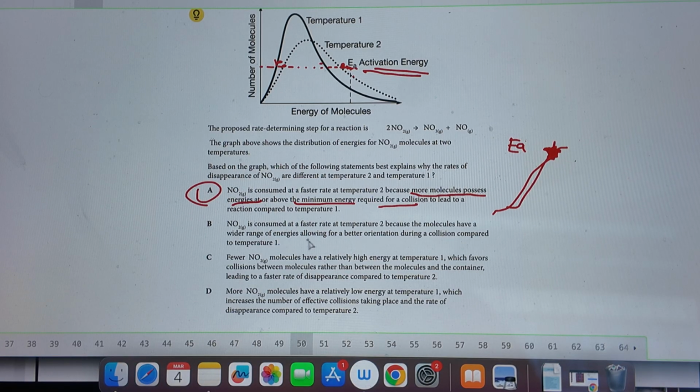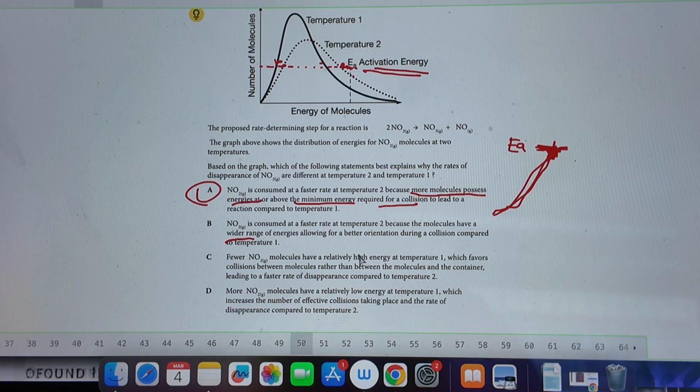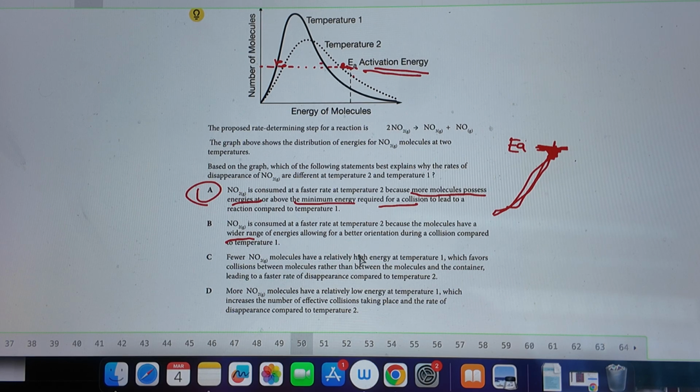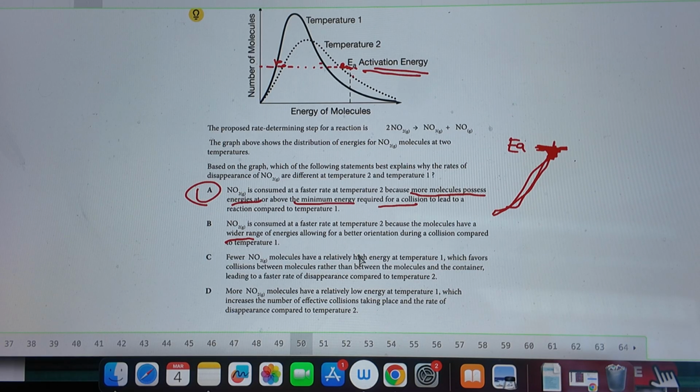It's not about having a wide range of energies, but about having enough molecules at the point you need.